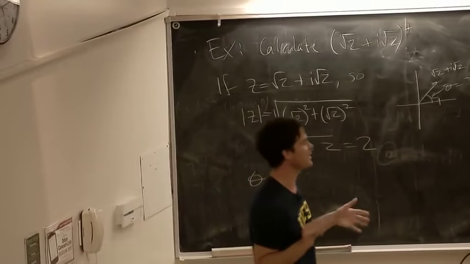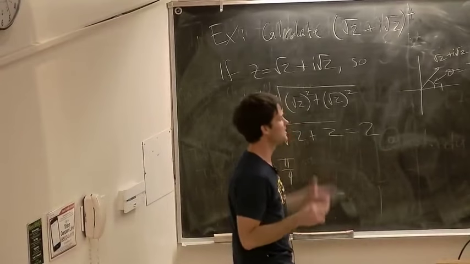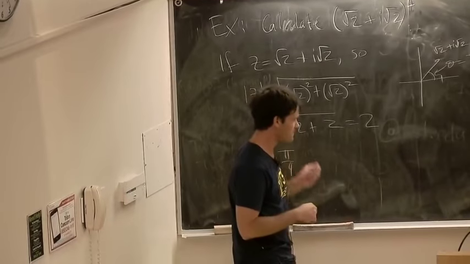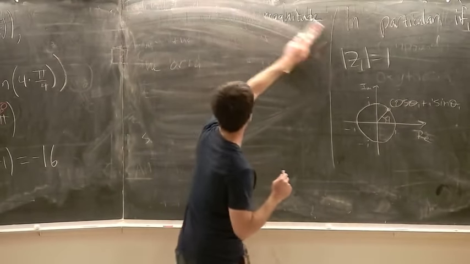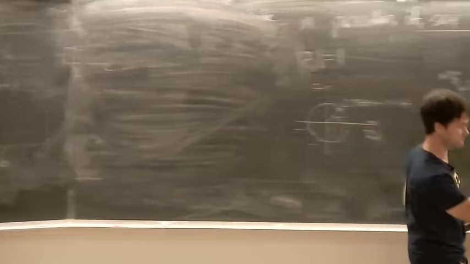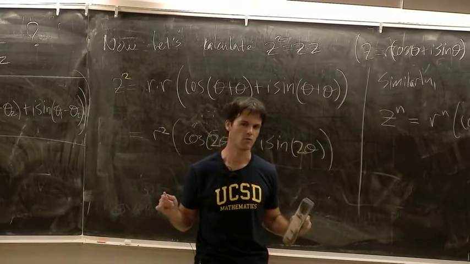This is going to save you guys time. It's kind of a neat shortcut, and it's going to allow us to do even more than this. But let me point out, now that I've done powers, I gave you this power formula, the next natural thing to do would be roots.